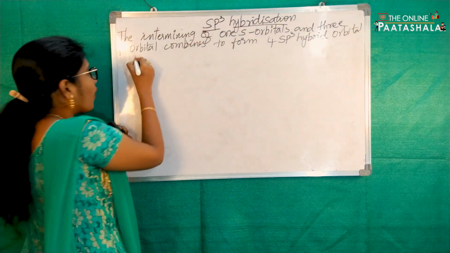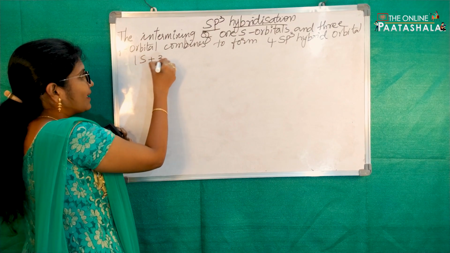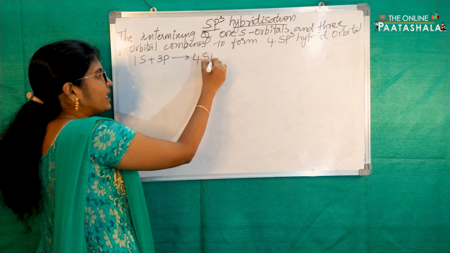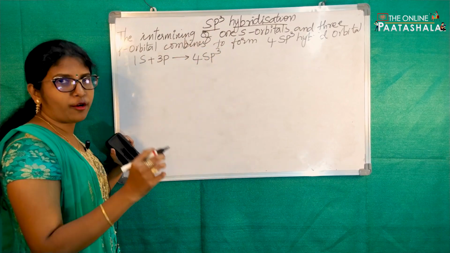That means one s orbital and 3 p orbitals combine to form 4 sp3 hybrid orbitals.